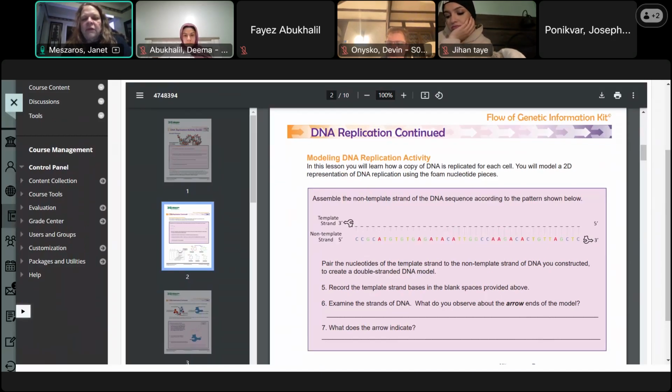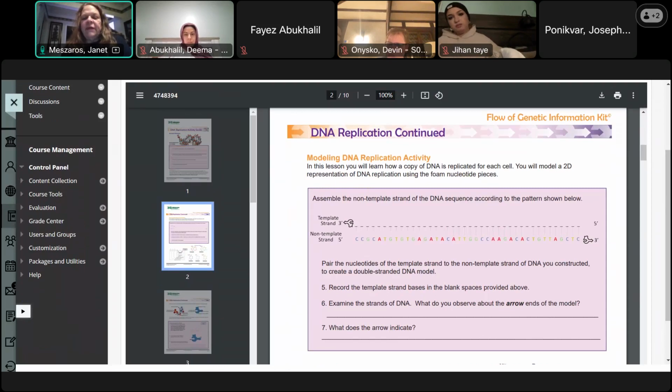Okay, so I want you to look at DNA is 2 strands. So you could see a template strand and a non-template strand here. Look at the template strand. It has a 3'. That little arrow with the C thing would have been what these nucleotides would have looked like.